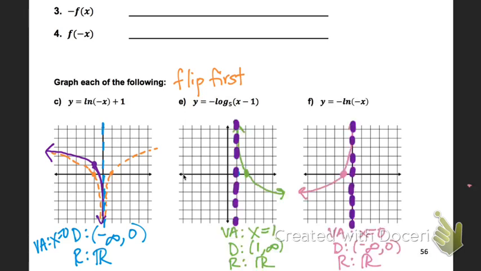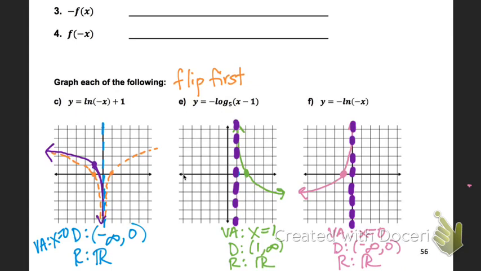Okay, we got this. So, E. For E, you should have a vertical asymptote at x equals 1 because it goes right 1. And the function should have flipped the x-axis. So where normally it would be going up and to the right, now it's going down and to the right. On F, it flips the x and the y-axis.